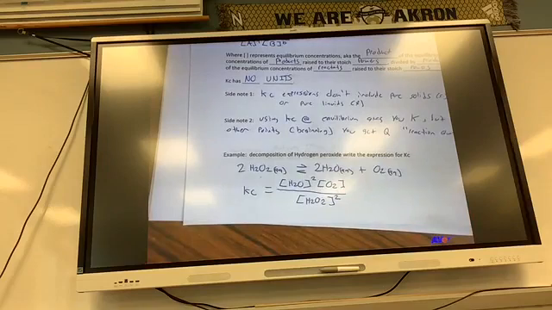Two things people mess up on this. First of all, they don't do products over reactants. Second of all, they forget the coefficients. You will have to do this on the AP test, I guarantee you. Easy point. It's one of those basic things that you just have to know how to do. Okay, flip the page.